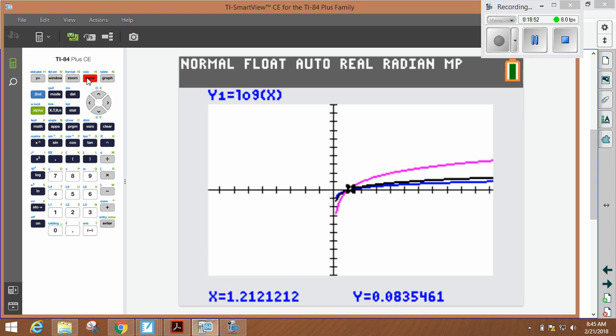Log base 10. I'd rather do a different one. So let's look at it. So if I go up, down, it lets me choose between the two functions. Let's do this one. This is technically log base 2 of x, right? I just changed the base. And with my trace function, I can hit my arrow over, and it'll move over x values, and it'll tell me the corresponding y coordinate. And then, oh, I passed it.